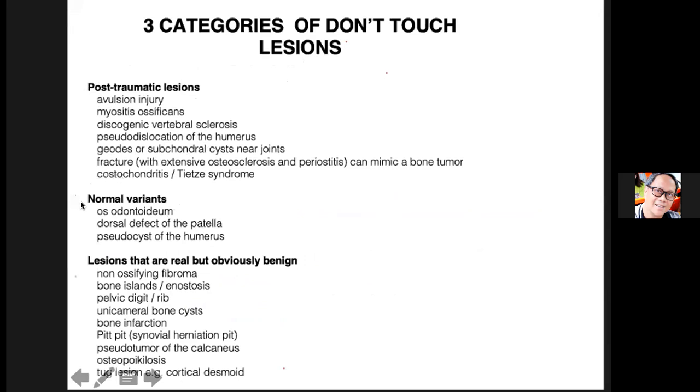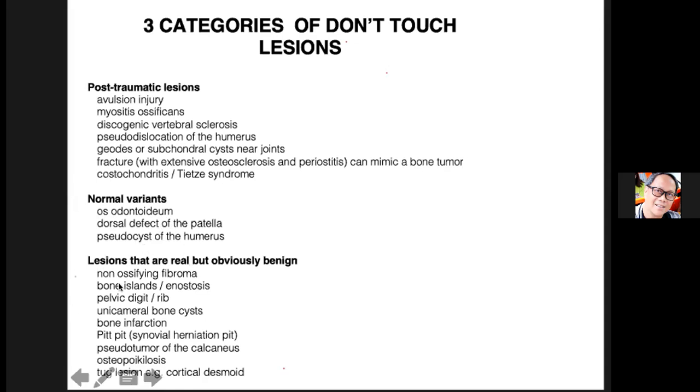Like for example, os odontoideum is an incomplete fusion of the odontoid process to the body of C2. So you can mistake that as a lytic lesion, but that actually is a normal variant. So lesions that are real but obviously benign, these are some examples.